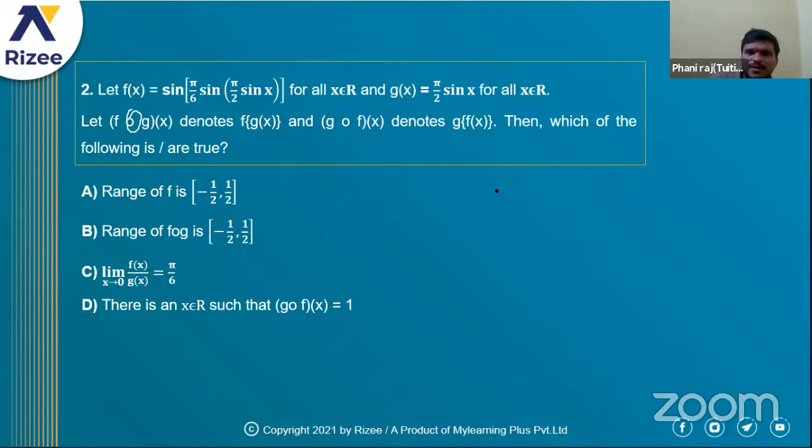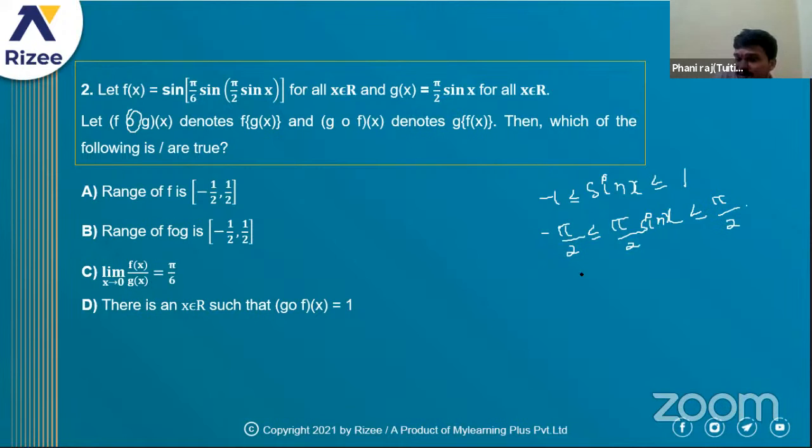First we'll see how to solve this problem. Minus 1 less than or equal to sine x less than or equal to 1. So minus pi by 2 less than or equal to pi by 2 sine x less than or equal to pi by 2.